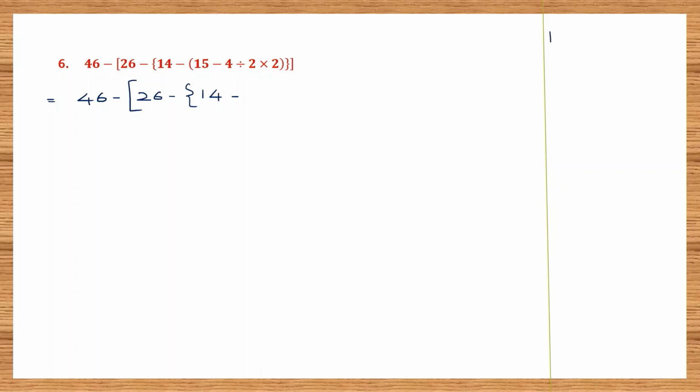I'll write it in the working column. 15 minus 4 divided by 2 into 2. So here we have different operations. As you can see, we have subtraction, division and multiplication. According to the second part of BODMAS, that is DMAS, we have to do division first.